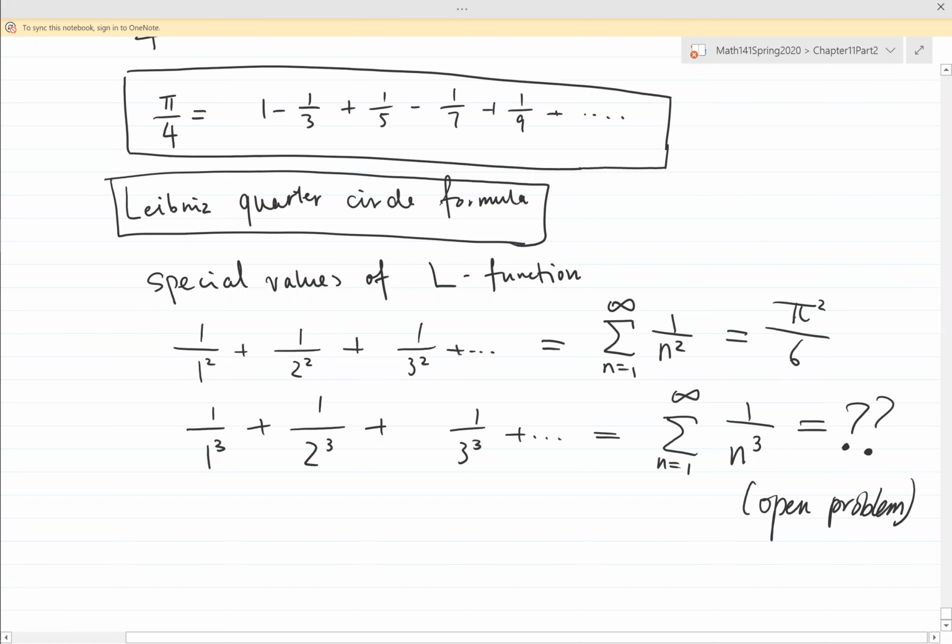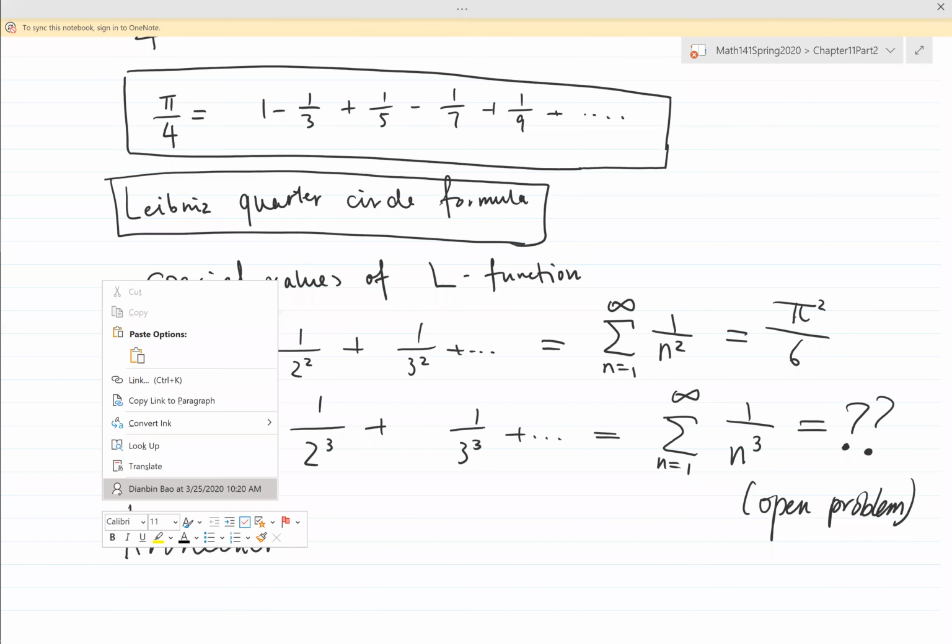One of the mathematicians, the German mathematician Kronecker, has a famous saying. He says this: God created numbers, all else is the work of man.